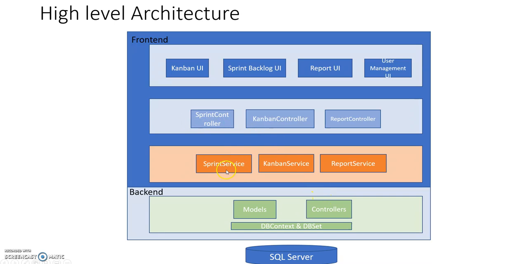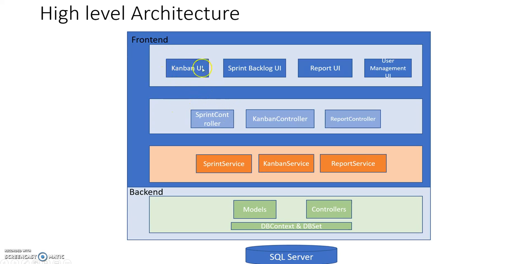And using the service, each controller. These are the important controllers I am displaying here, like sprint controller, Kanban controller, report controller, and there are some other controllers also, but I can explain while I'm explaining the code. Each service will talk to the controller. That controller finally decides what to display on the UI.